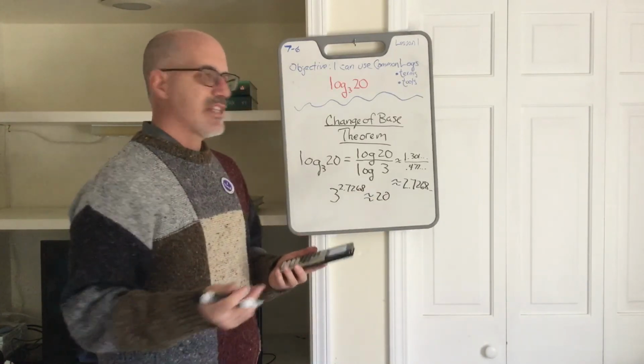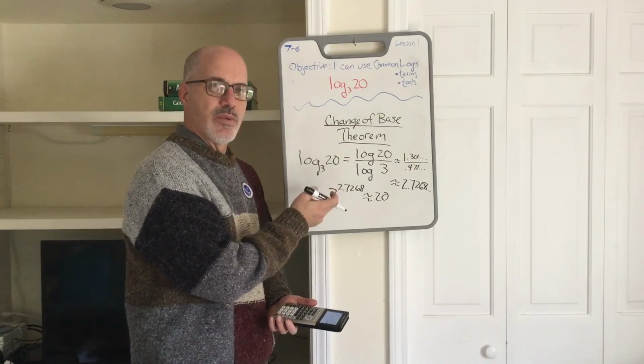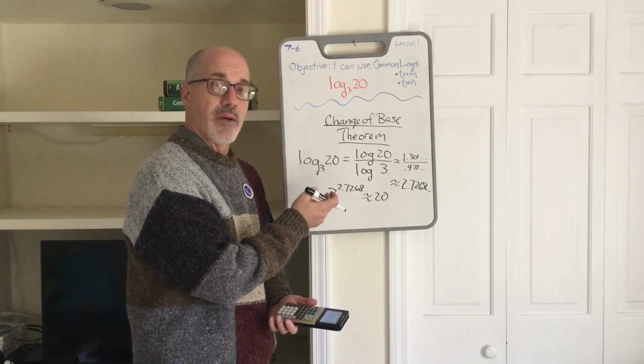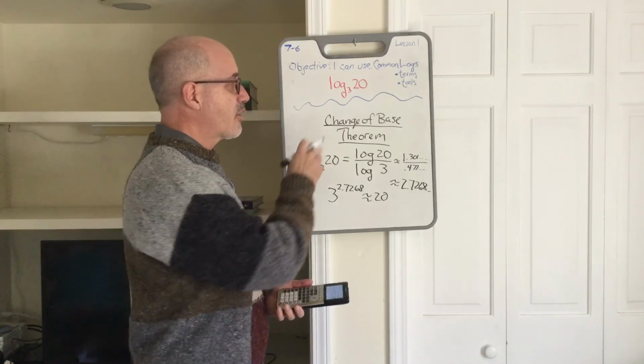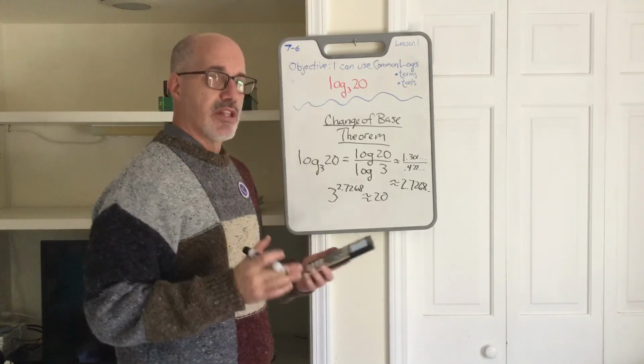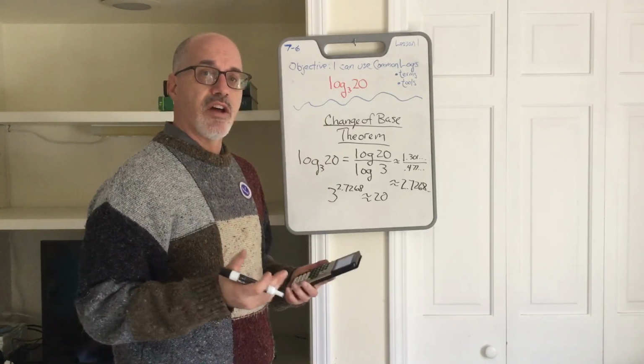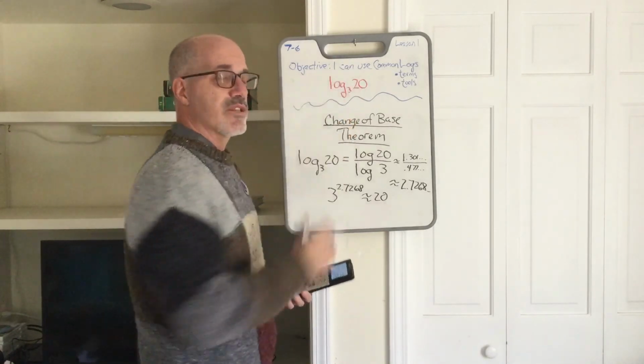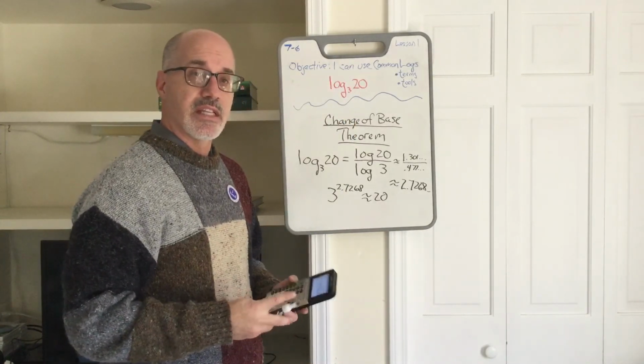Which makes some sense because that number is between 2 and 3, which we got earlier in the problem. So the change of base theorem can help us find, using common logs, logs of different bases of numbers that don't work out quite as conveniently as we're used to.